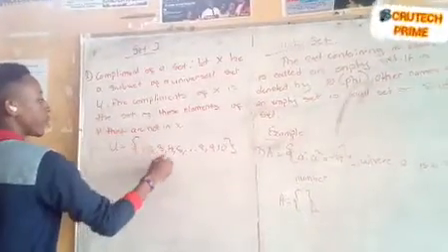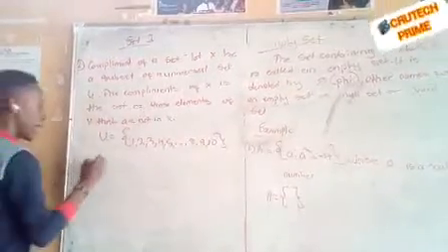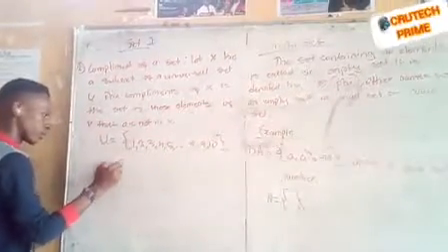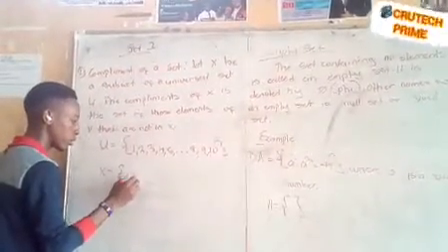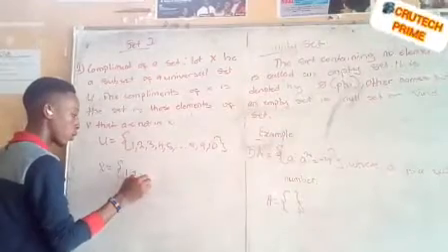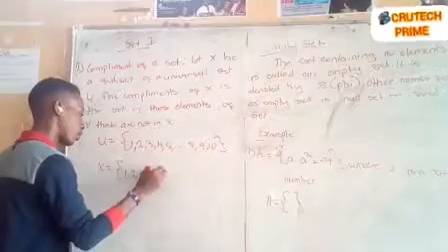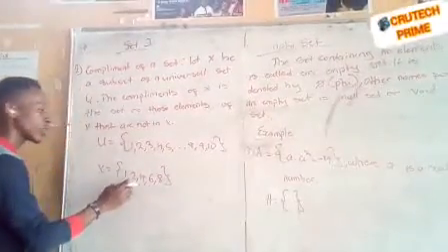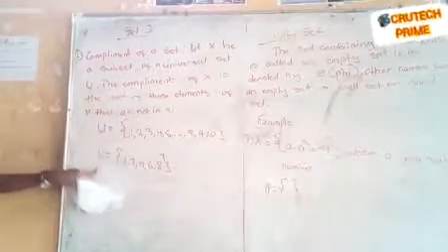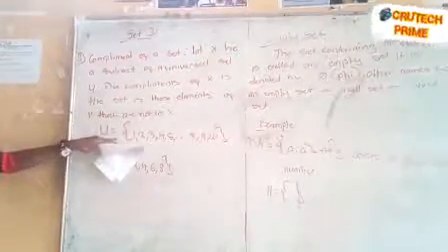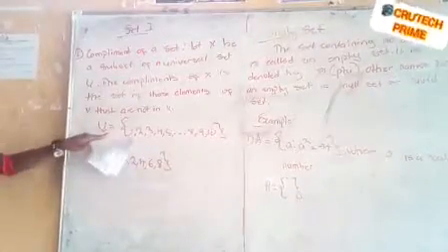Now let's say X has 1, 2, 4, 6, 8. As I have explained, X is a subset of U, which is a universal set.